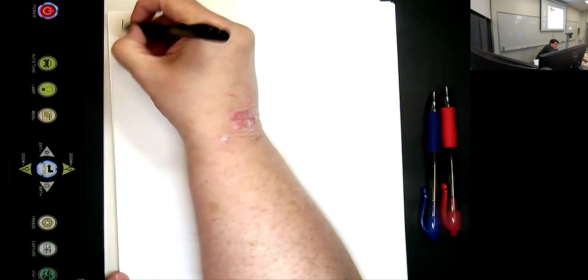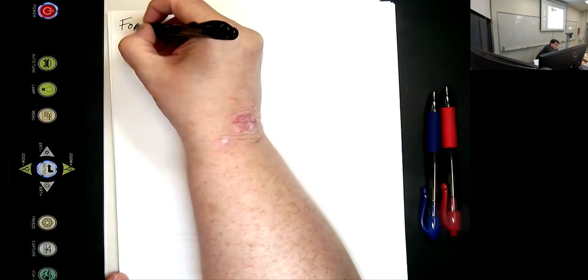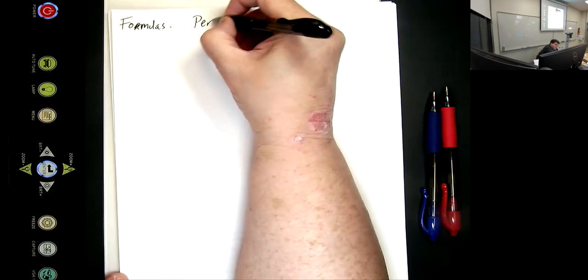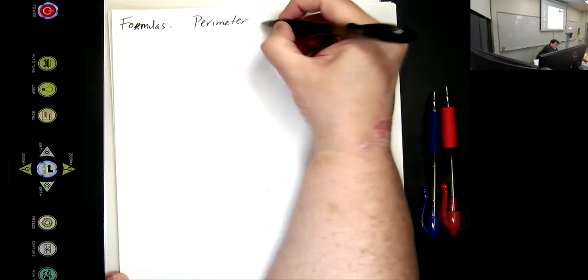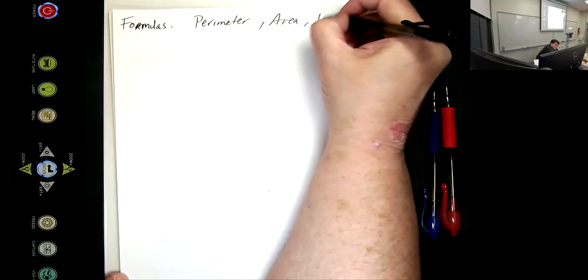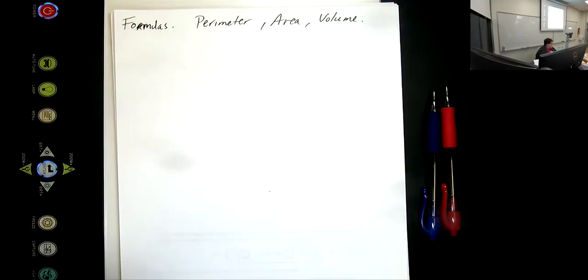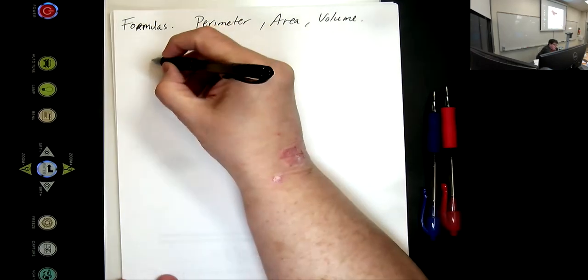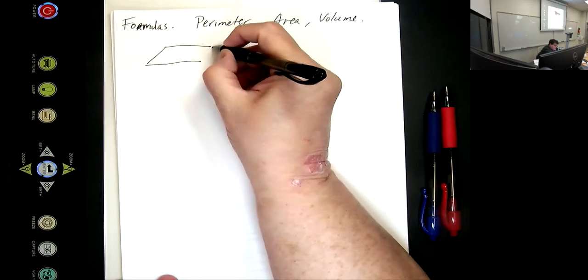So formulas that are important to know. We're going to look at perimeter, area, and volume of some shapes. So a parallelogram.